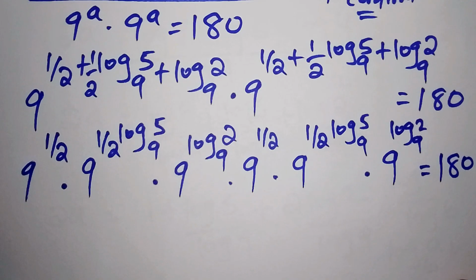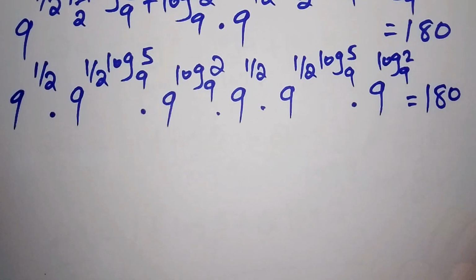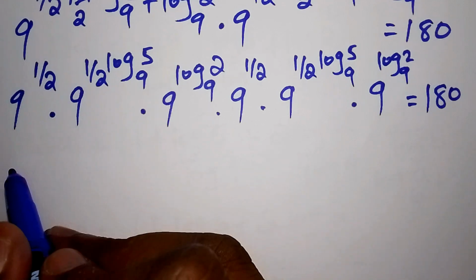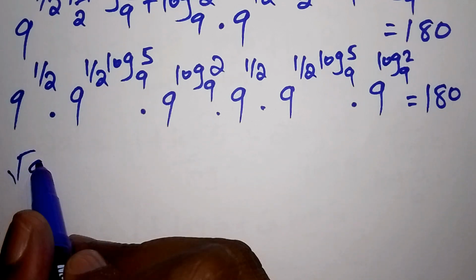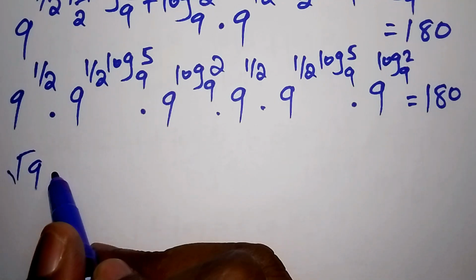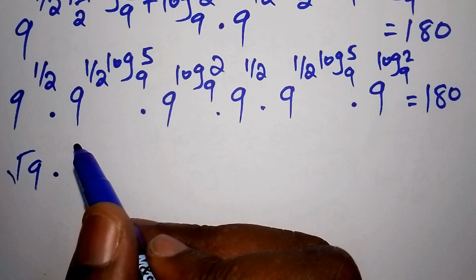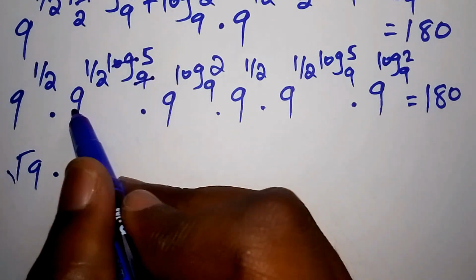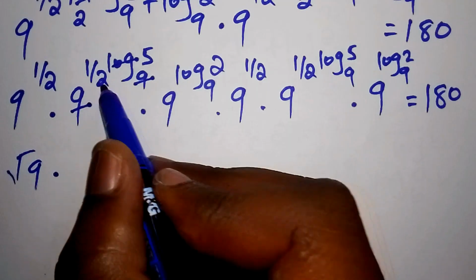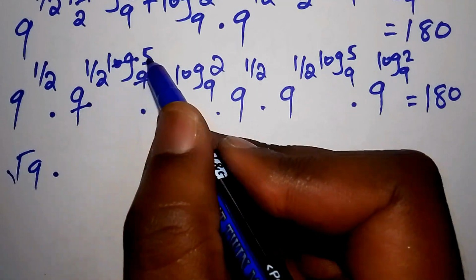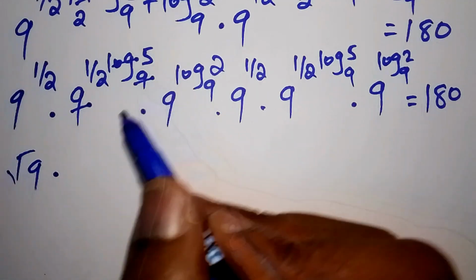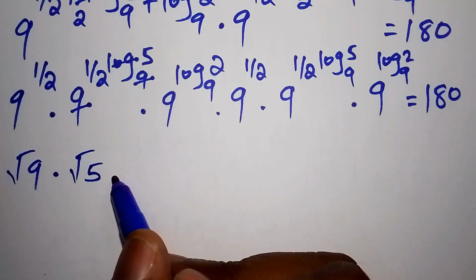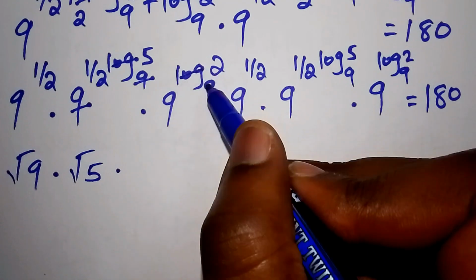When you work out this problem, 9 to the power of a half is the same as the root of 9, then multiplied by, the log to the base of 9 cancels this 9, so we have a half to the power of 5, which is the root of 5, then also multiply by 2, since the log to the base of 9 cancels this 9.